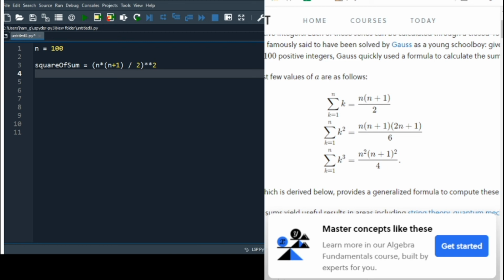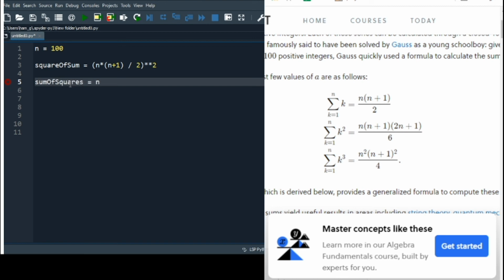So nice and easy, sum of squares equals n times n plus 1 times, oh, we're going to have to do that in double brackets, 2 times n plus 1, all of that in brackets because we're going to divide the whole thing over 6.